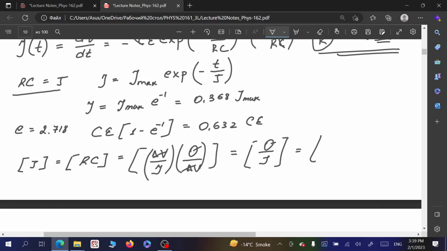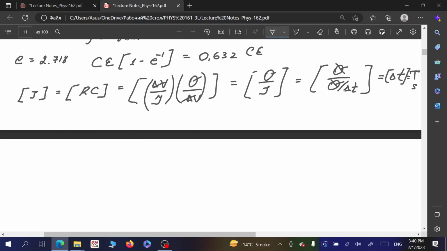So we can write here Q over I, divided by Q divided by delta T. So Q and Q we cancel out, and eventually we get time interval delta T, which is the dimension of time. Or in terms of units, we measure them in seconds.